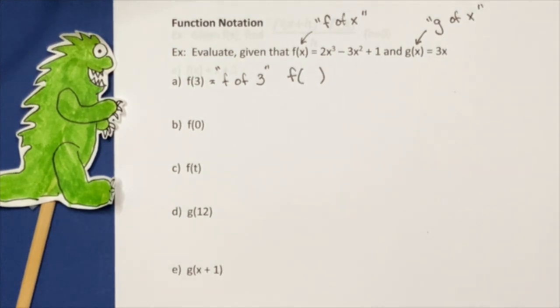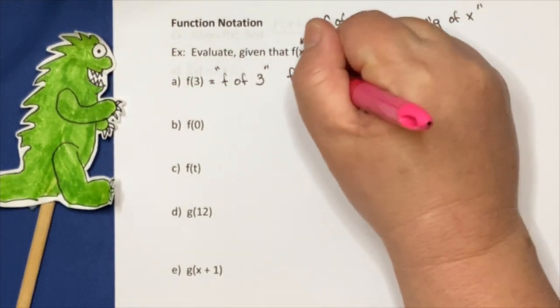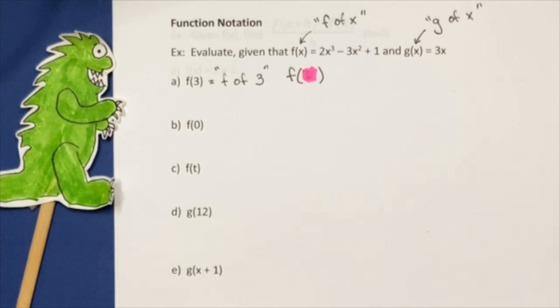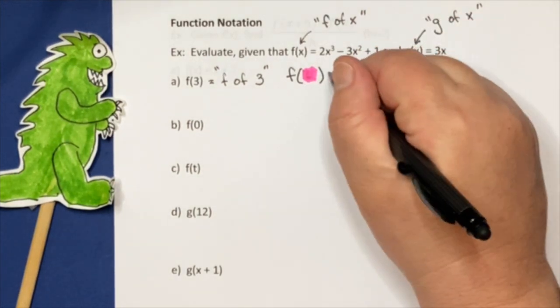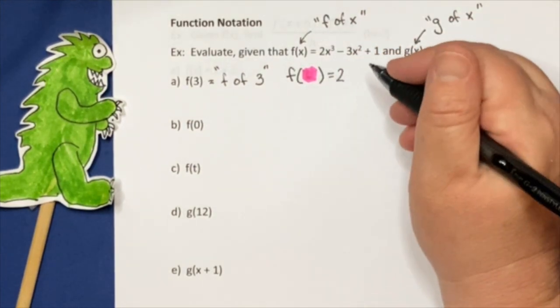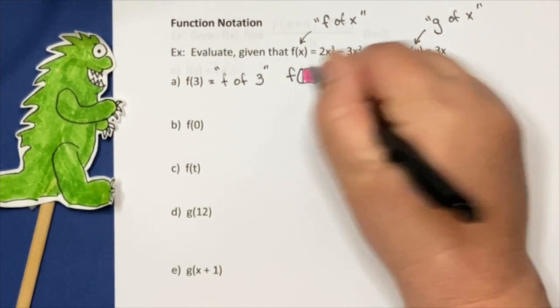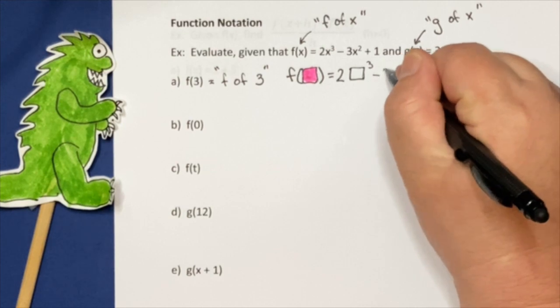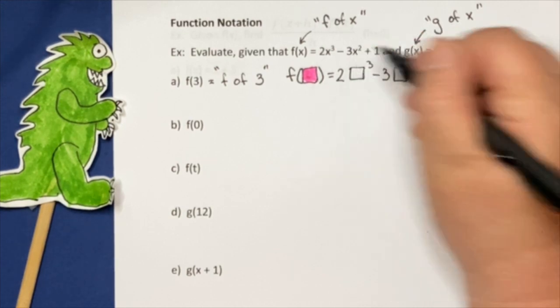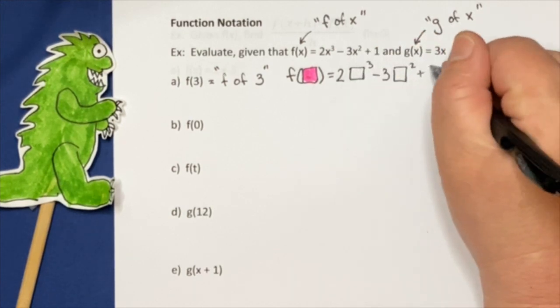So in other words, whatever comes in here in the pink box, we're going to put everywhere we see another pink box, which is just another way of writing an x in there, and then saying 2x cubed minus 3x squared plus 1.